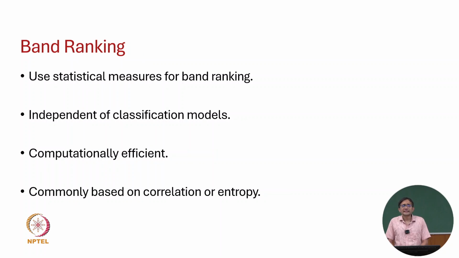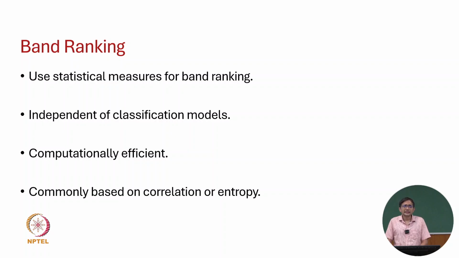For this, we can take the approach of band ranking. We can use some kind of statistical measures for band ranking. This band ranking can be independent of, or generally is independent of, classification models. Generally, such band ranking is based on concepts such as entropy.